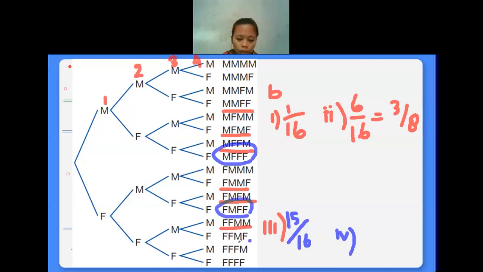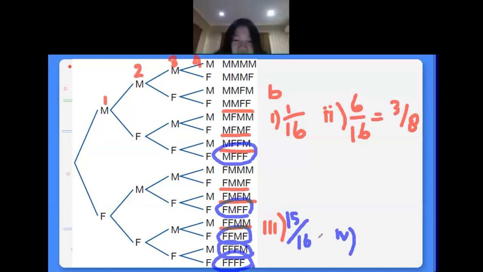This is more females. This is more females. Is there anything else that I miss maybe? No. 5, 5, 5. Yeah, more females. So it means the letter F has to be more than the letter M. So 5 out of 16.